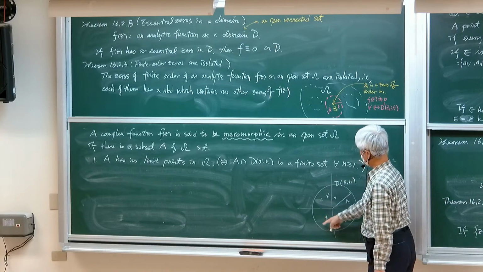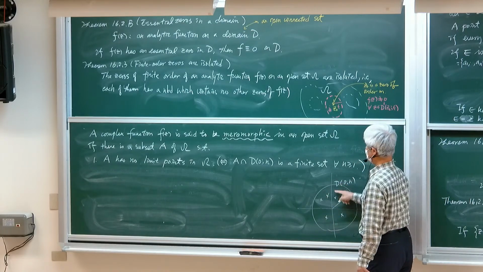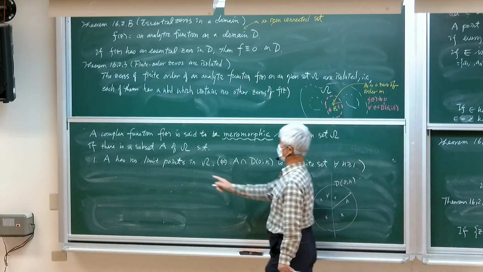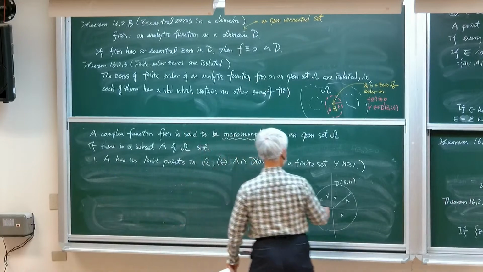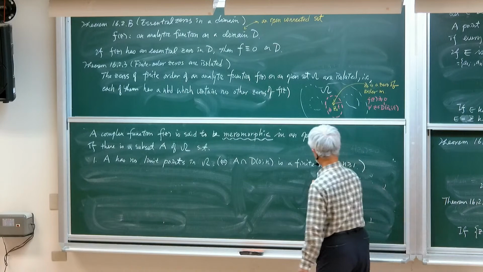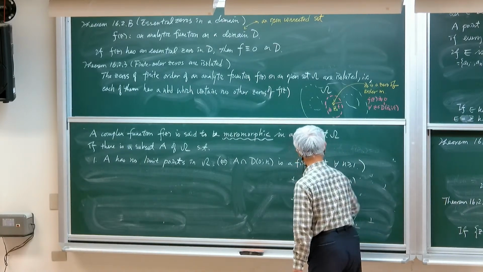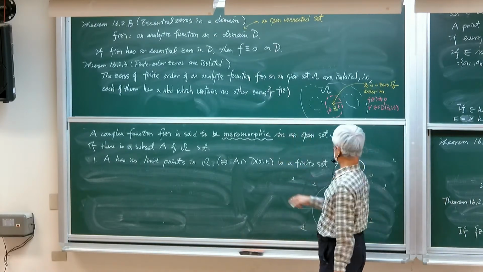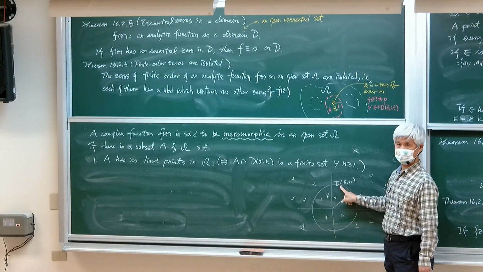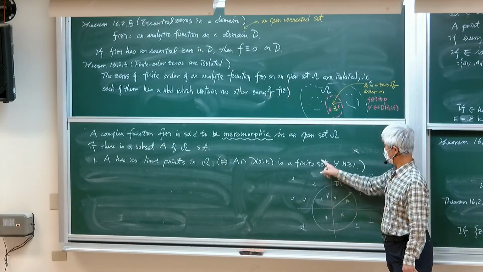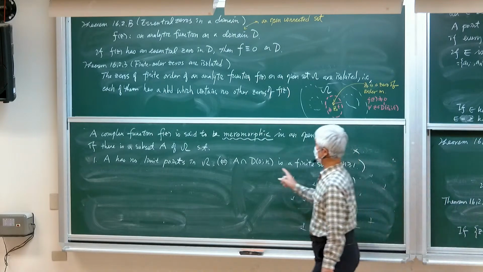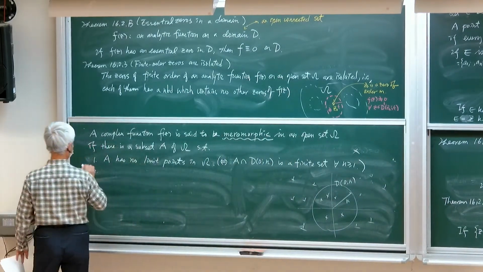Within a ball or a disk, you can't have infinitely many points in A. So these points should be scattered around. Even though A may be infinite, in a bounded set like this disk, A can have only finitely many points. This is the first thing.